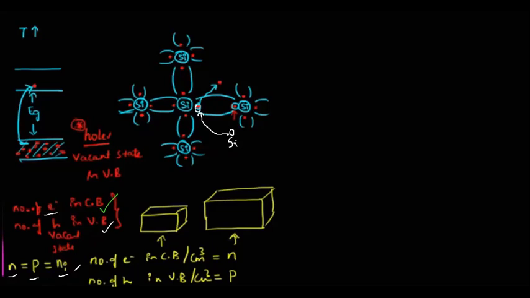Now the relationship that we have studied, which should be followed in both extrinsic and intrinsic semiconductors, is N into P is equal to Ni square, between the number of holes and the number of free electrons.